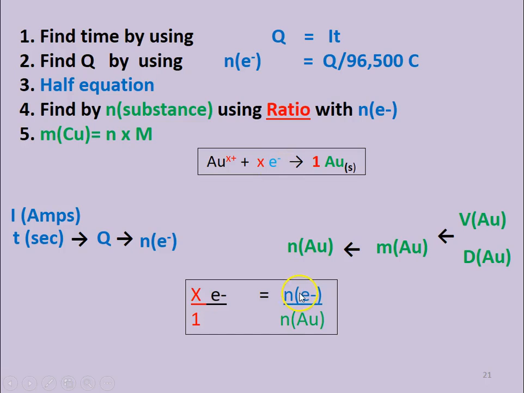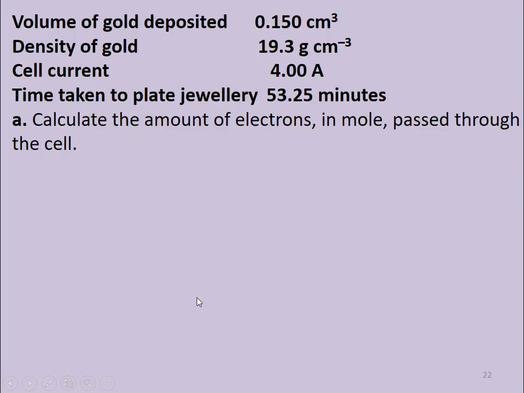Then if we relate the number of moles of the electrons to the number of moles of gold and work out what the ratio is, it'll be a 1 to 1 or a 2 to 1. This will be twice the size of that number, or the same size, or 3 times the size. So if we can work out the number of moles of electrons and moles of gold, we'll be able to work out the ratio, so the charge.